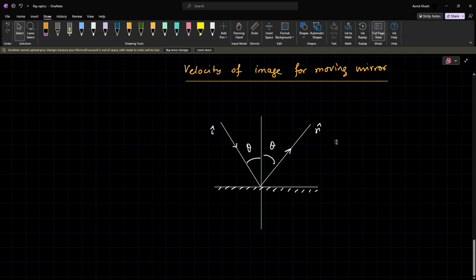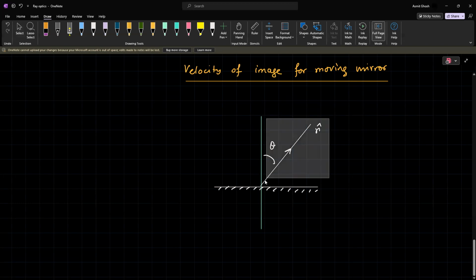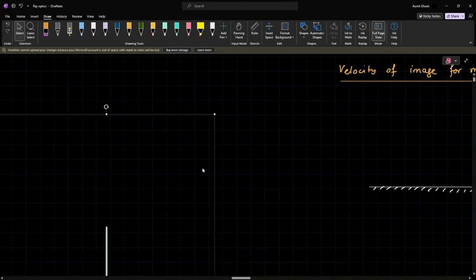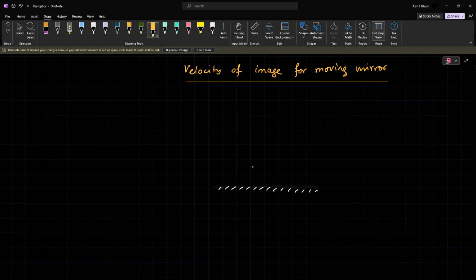Now consider that my object is not at any random angle, but rather it is, let's say, over here. Okay, this is the object. It's a point object.